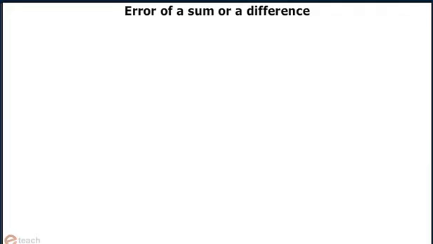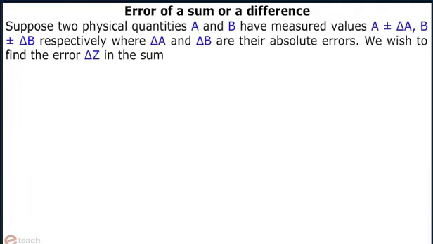Error of a sum or a difference. Suppose two physical quantities A and B have measured values A plus minus delta A and B plus minus delta B respectively, where delta A and delta B are their absolute errors.